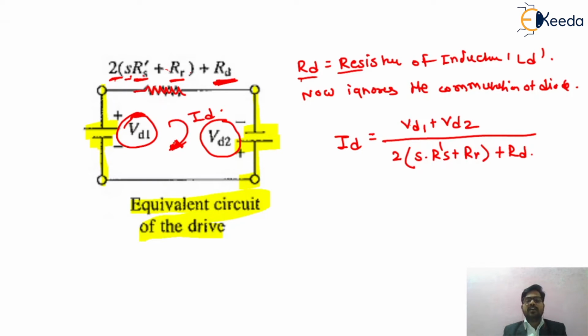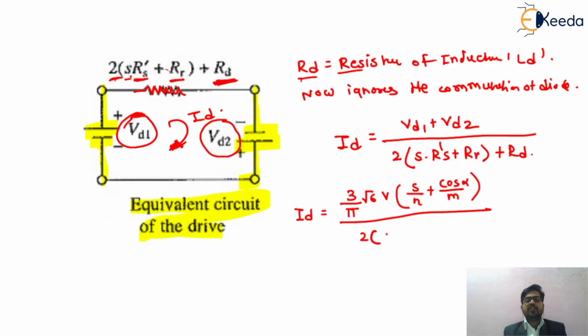So friends, now we can substitute the values of VD1 and VD2 in that equation. We get the value of current, ID, equal to 3 by pi into root 6 V, and I can rewrite this term combined: S divided by N plus cos alpha divided by M, divided by the resistance term, 2 into S into R dash S plus RR plus RD.